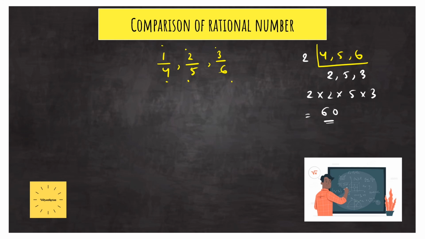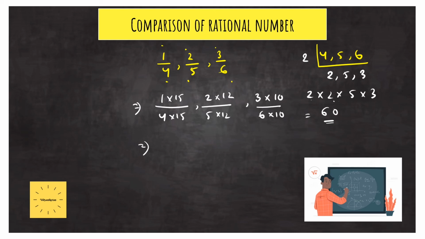So if the LCM is 60, we are getting 1 into 15 divided by 4 into 15. Then we have 2 into 12 divided by 5 into 12. Then we have 3 into 10 divided by 6 into 10.